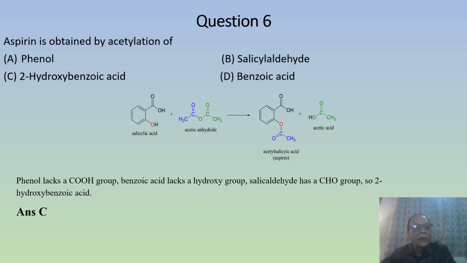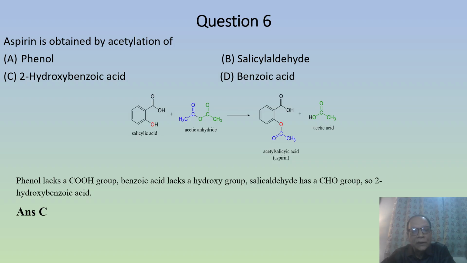Question 6. Aspirin is obtained by acetylation of A phenol, B salicylaldehyde, C 2-hydroxybenzoic acid, D benzoic acid. The reaction goes like this.